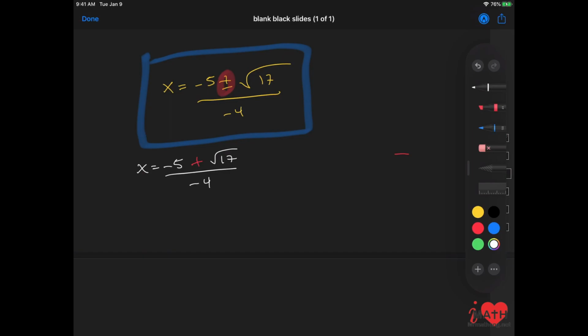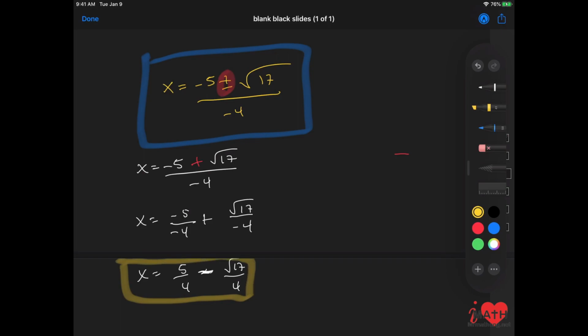And what you can do with the denominator of that fraction is you have now negative 5 over negative 4 plus radical 17 over negative 4. Negative divided by negative is a positive, and radical 17 is a positive divided by negative. It gives me a negative. So that would be one of their answers.